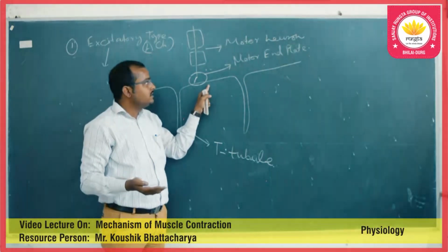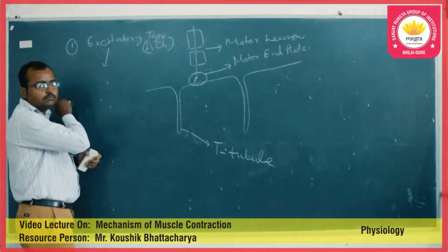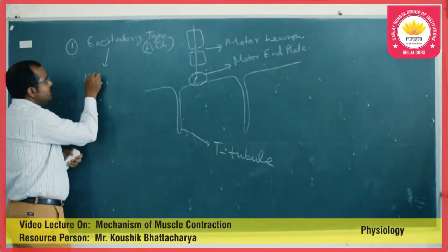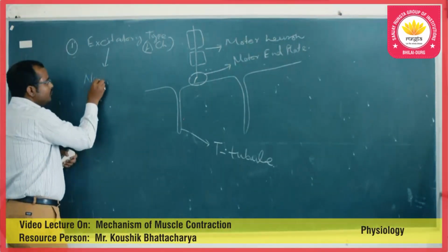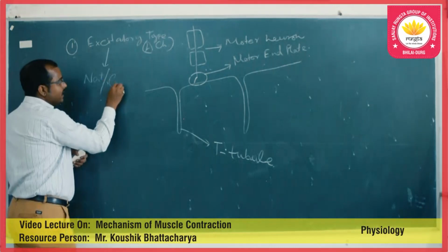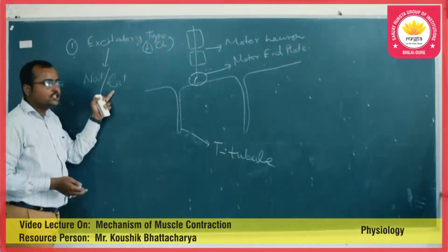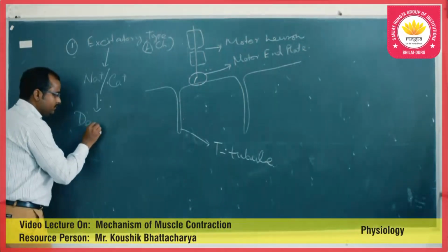The postsynaptic area is the sarcolemma. At that moment, what will happen? It will lead to the opening of the sodium and calcium ion channels. That means sodium or calcium ion channel opening. So it leads to depolarization.